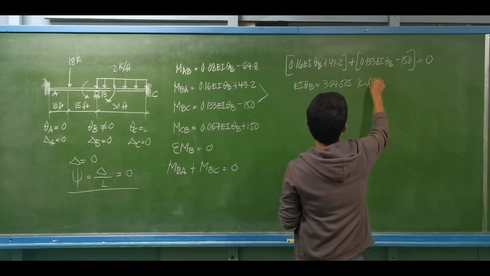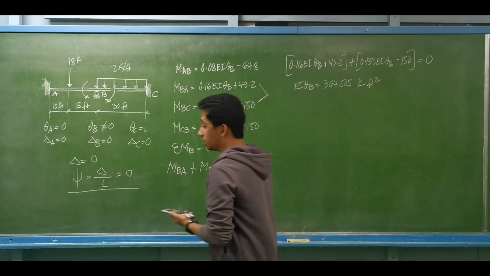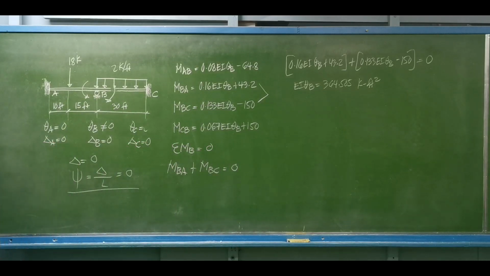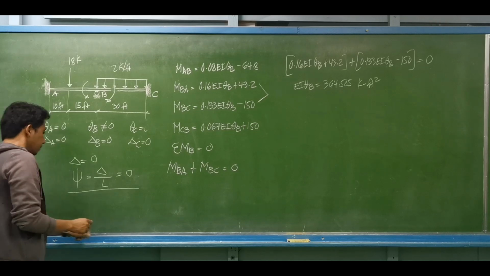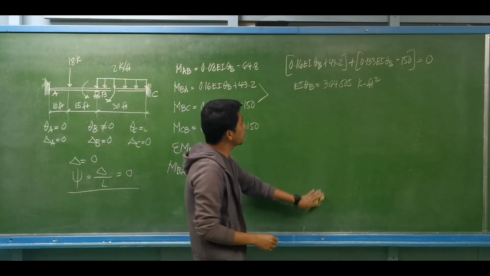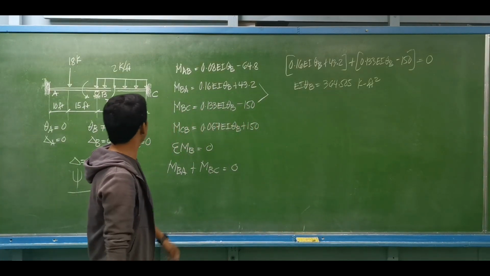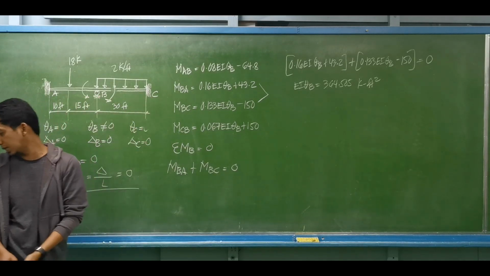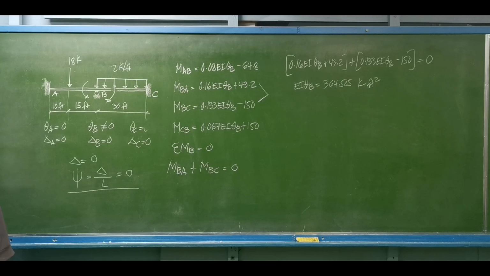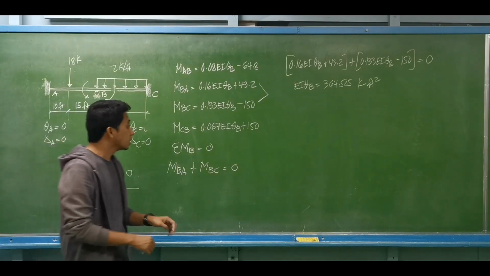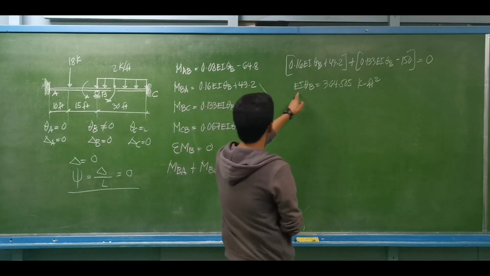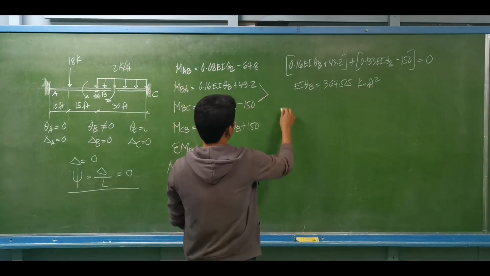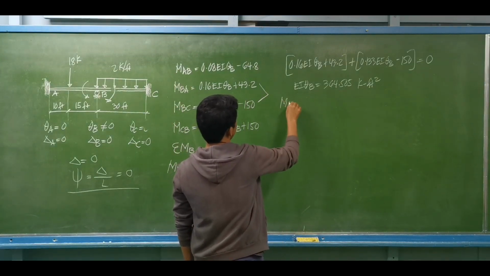This is in terms of kips foot squared. So we can now compute the moment at A, the moment at B, and the moment at C.